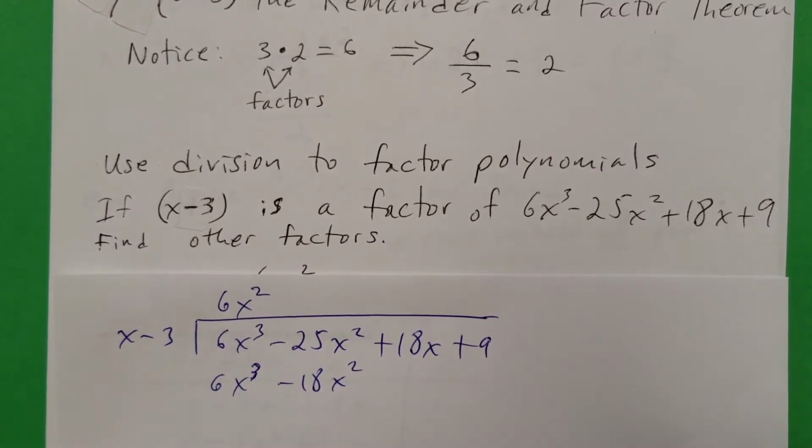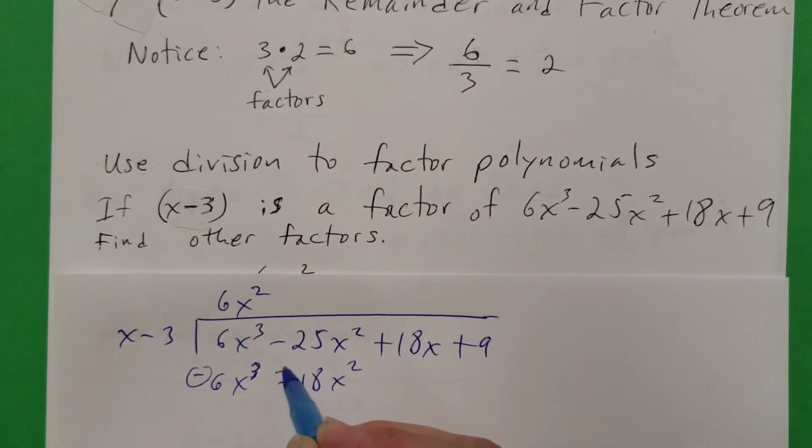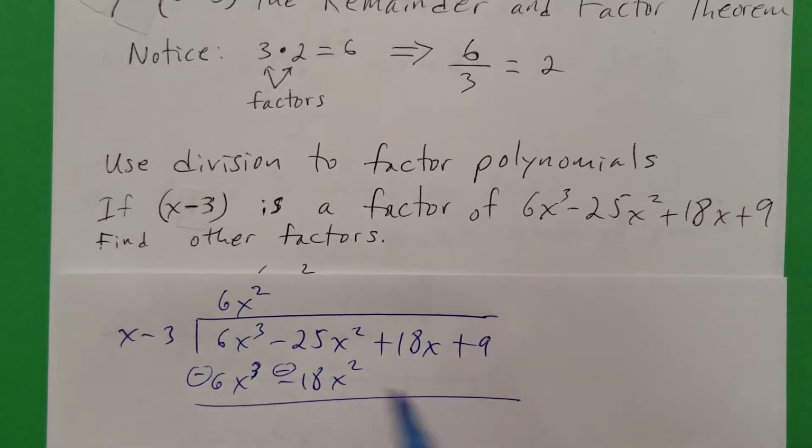These two have to match because when we subtract, I'm subtracting now to see what's left over. That has to go away, right? Plus, minus, it goes away. So this is minus 25 plus 18, right? Negative, negative is plus. So minus 25 plus 18 is negative 7x squared. Okay? Bring down the next one, which is 18x.